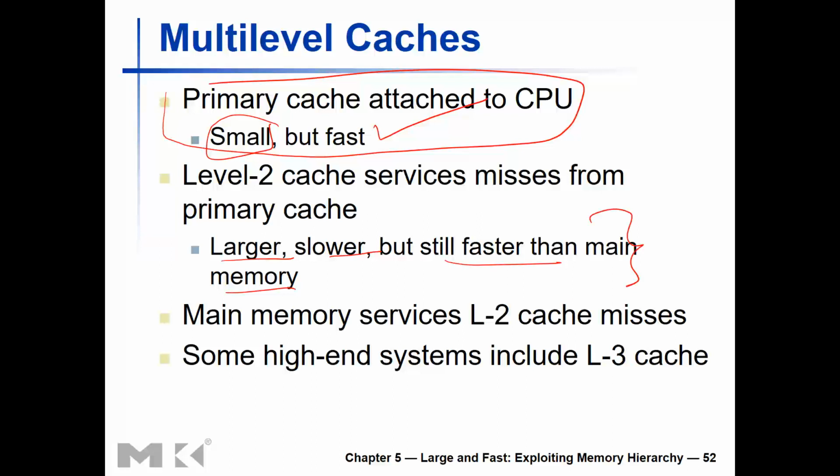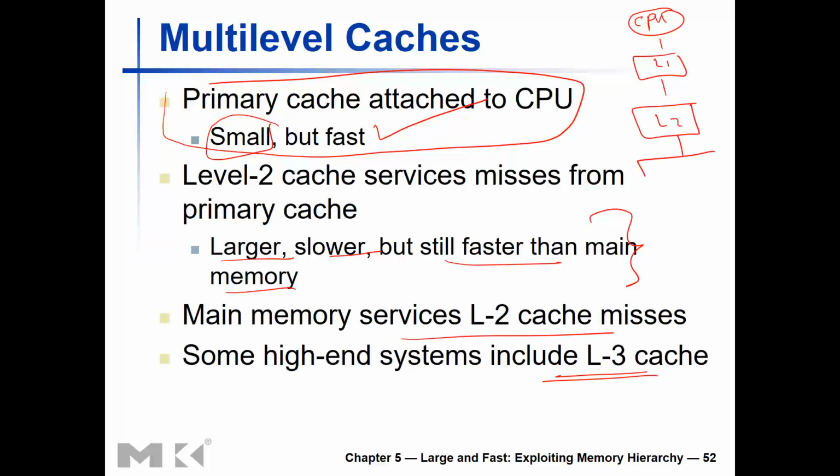Okay, memory service L2. And some we have L3, as we have seen in the block diagram. So in this slide, he's assuming that CPU talks with L1 and L1 talks with L2 and main memory.